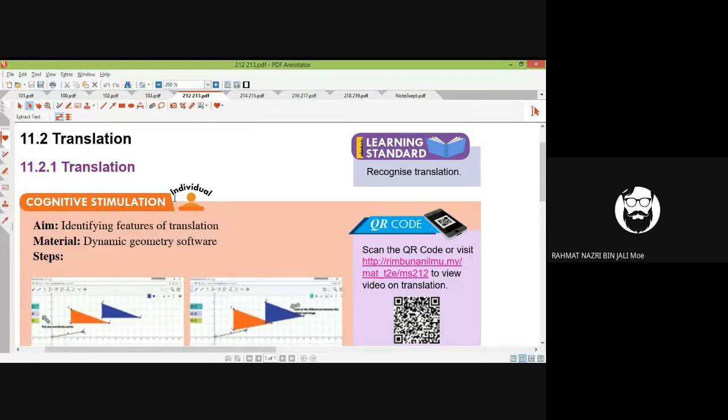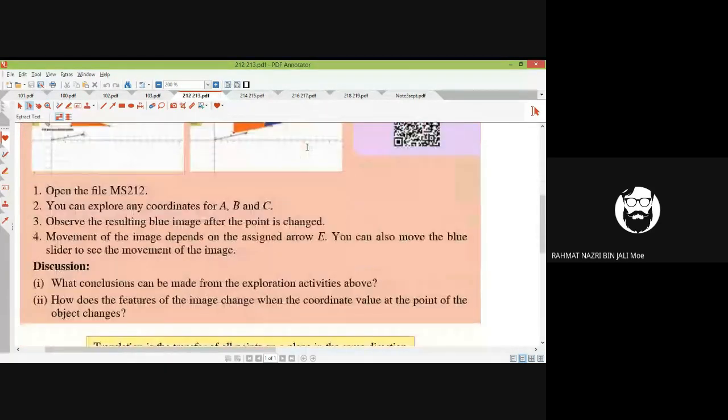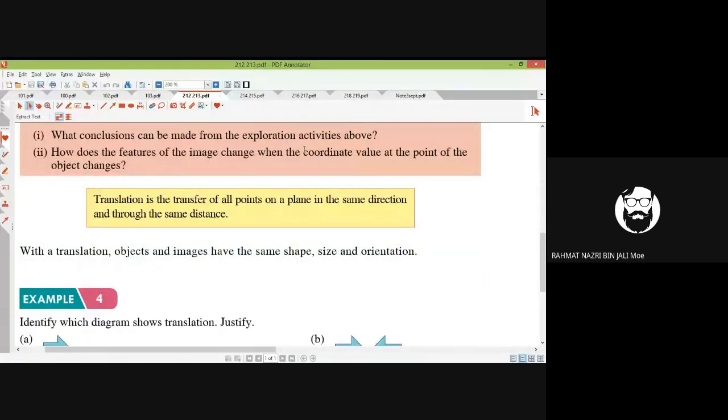So let me find out first the important part of translation in your workbook, notebook. After that, we jot down in the notebook translation. So I'm gonna discuss what translation is.